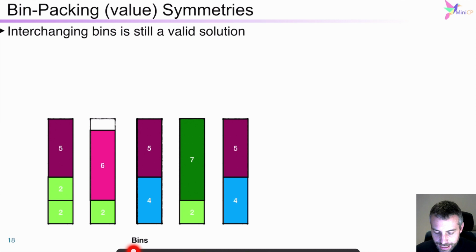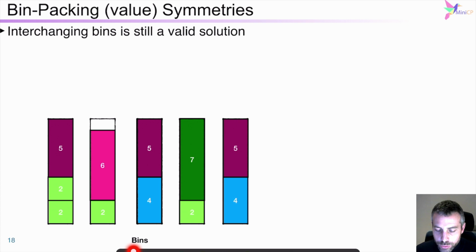So if, instead of being assigned to bin number 3, this item is assigned to bin number 2, the same for that one, and this one goes there, I still have a solution. We call that a value symmetry in this case. And it's quite easy to come up with the design of a bijection in that case to prove that it's a value symmetry.